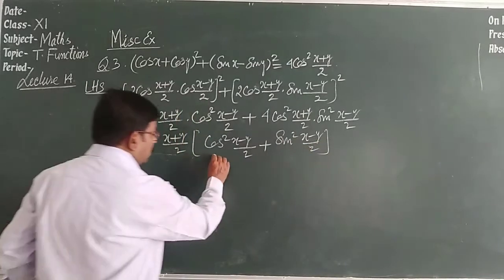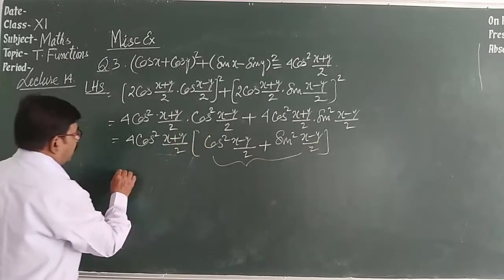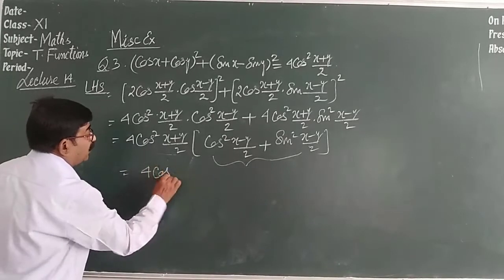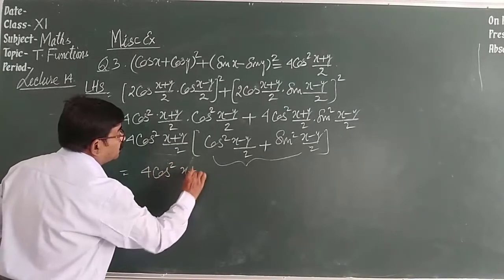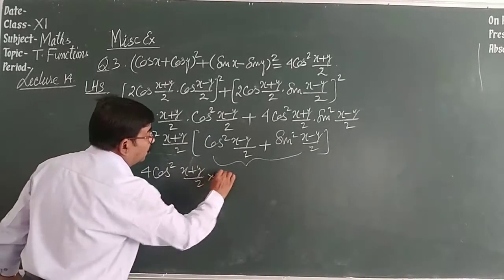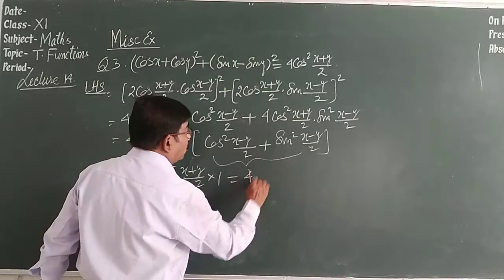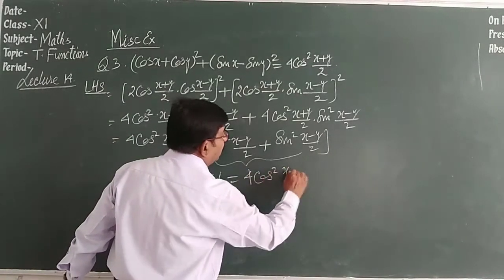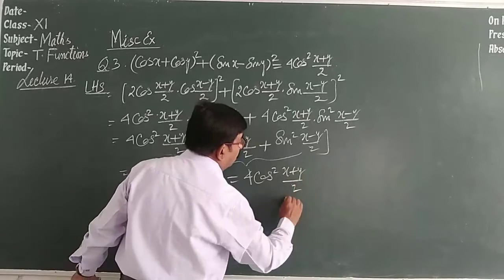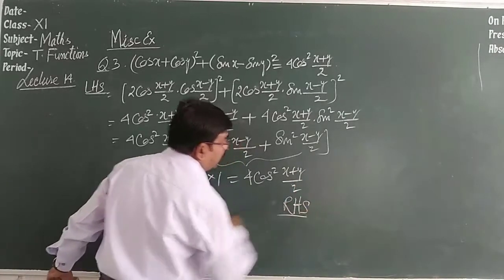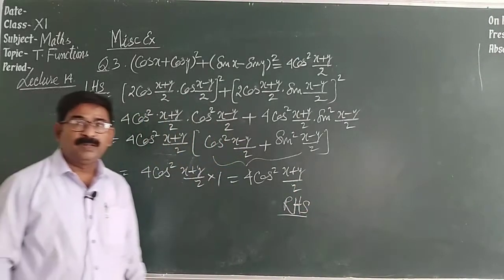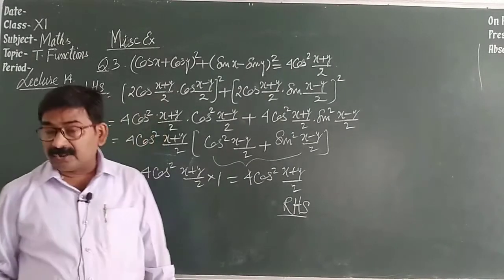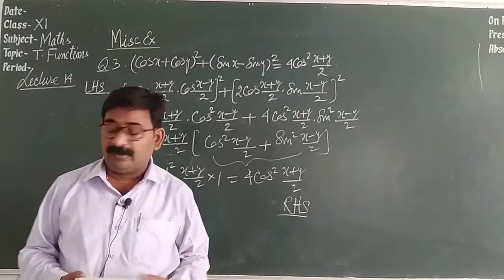So this becomes 1. So we have 4 cos square (x plus y)/2 into 1, which is 4 cos square (x plus y)/2, the result of the right hand side. Got it? Very simple. Just apply the formula and you will get the result.